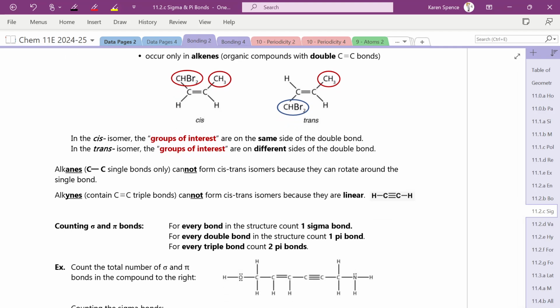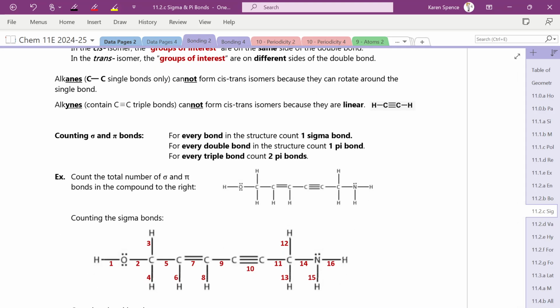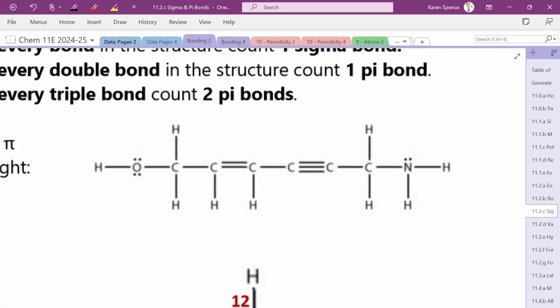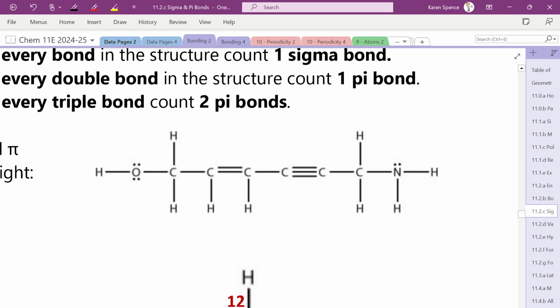So counting them, let's just do one example and then we'll be done. Let's count our sigma bonds. 1, 2, 3, 4, 5, 6. And remember, when you have a double bond, that's going to be 7, 8, 9, 10, 11, 12, 13, 14, 15, 16. 16 sigma bonds.